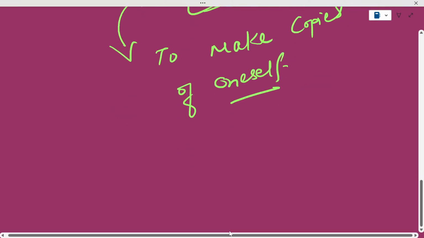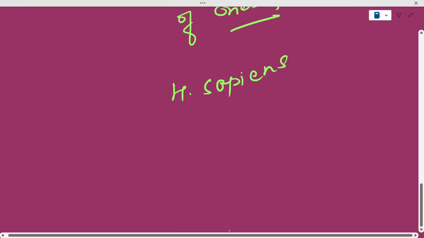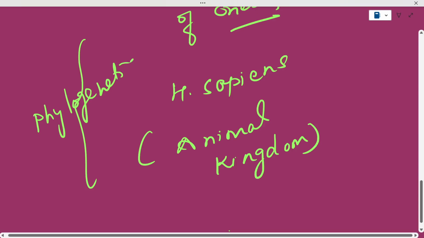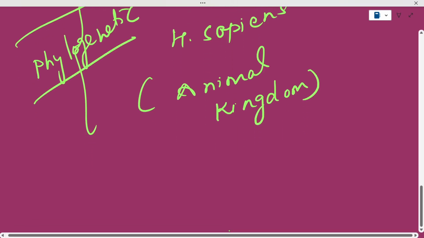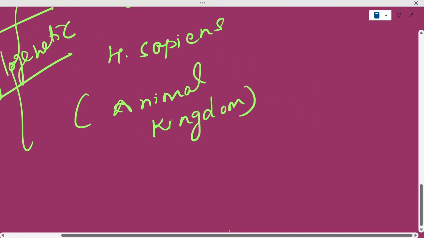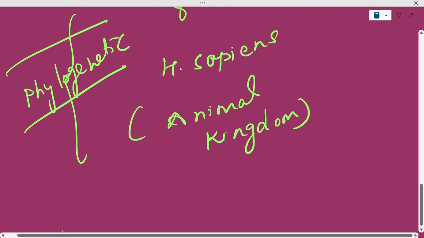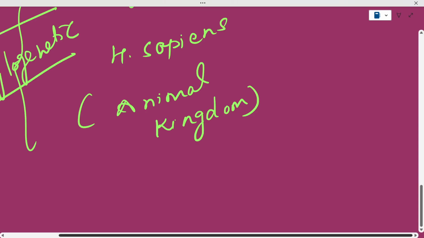And we are talking about Homo sapiens, who are a species of animal kingdom. Because if you look at the final phylogenetic tree of Homo sapiens, you will find that we ultimately belong to one particular variety of life form, that is animal variety.